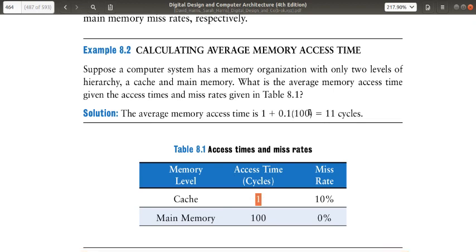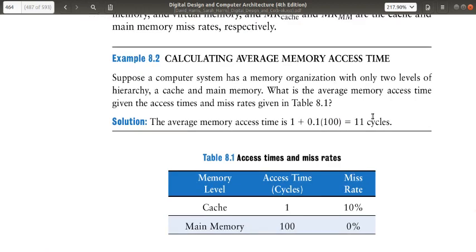If there was a virtual memory, it would have been TMM plus miss rate of main memory into TVM, something like that. But for the time being, it is T cache plus MR cache into TMM. That is 11 cycles.